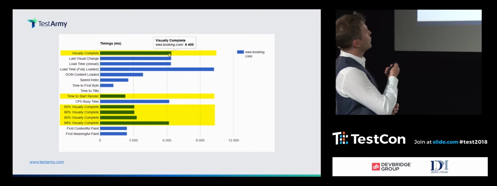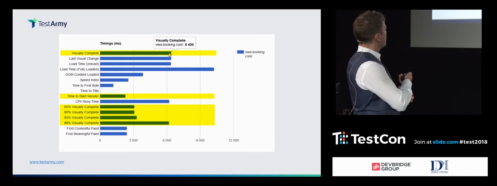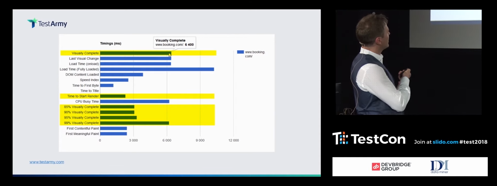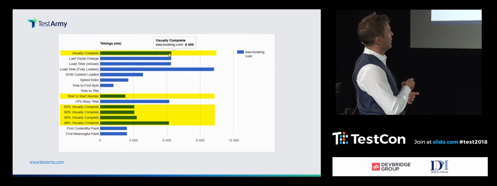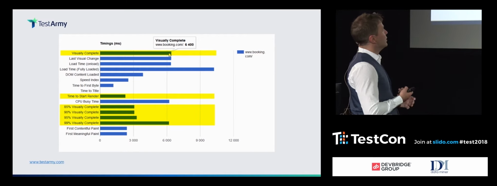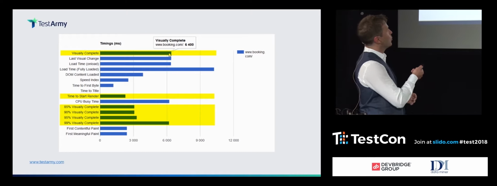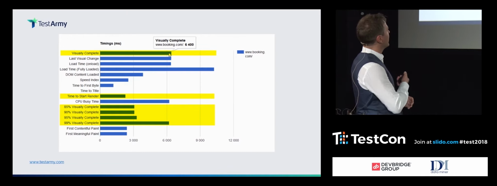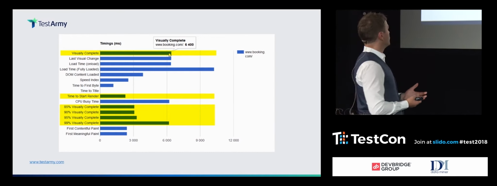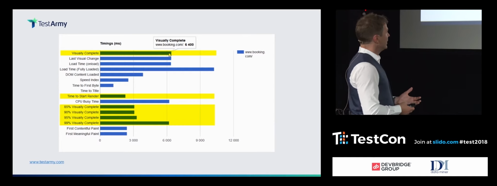Of course, visually complete is one of the metrics, but you can see from this chart that the page was almost completed at around 3 seconds after it was loaded, and a lot of content was actually downloaded in this area. So maybe we don't need to wait and report the page load time as 6 seconds. Maybe it will be better to report 85% of visual completeness as our metric.